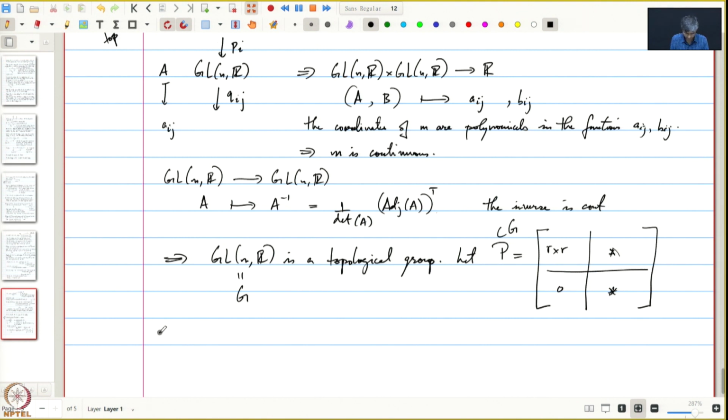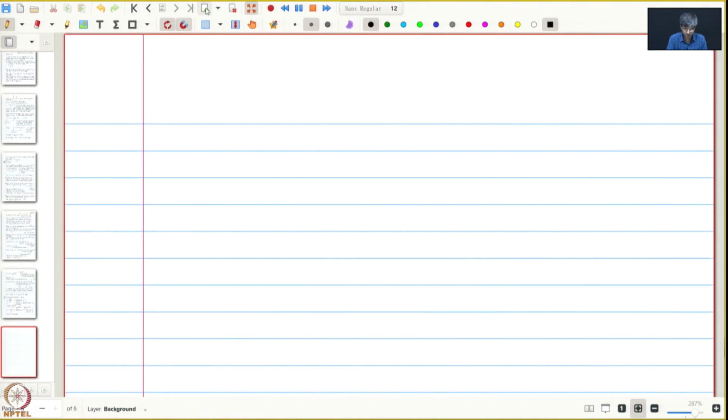So clearly P is a closed subgroup. It is given as the inverse image of 0 under the projection onto this piece. Therefore P is a closed subgroup.